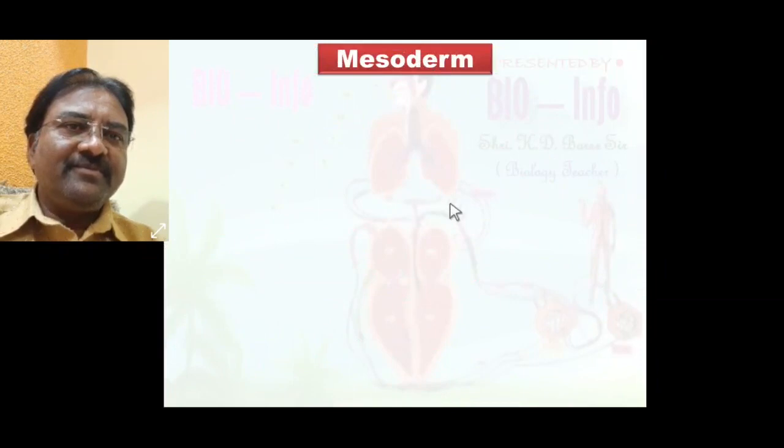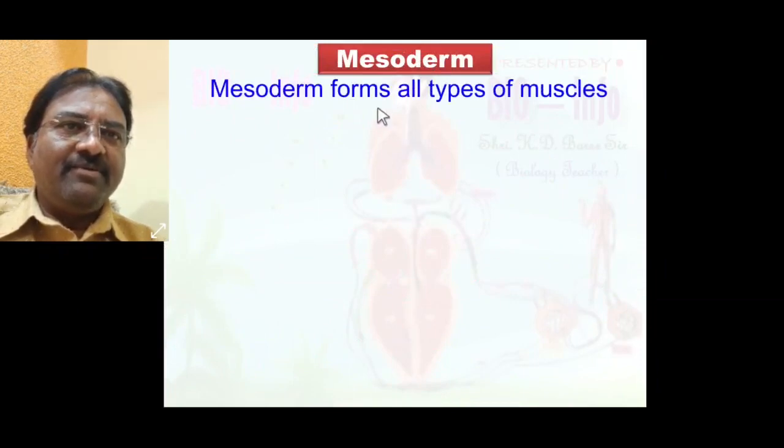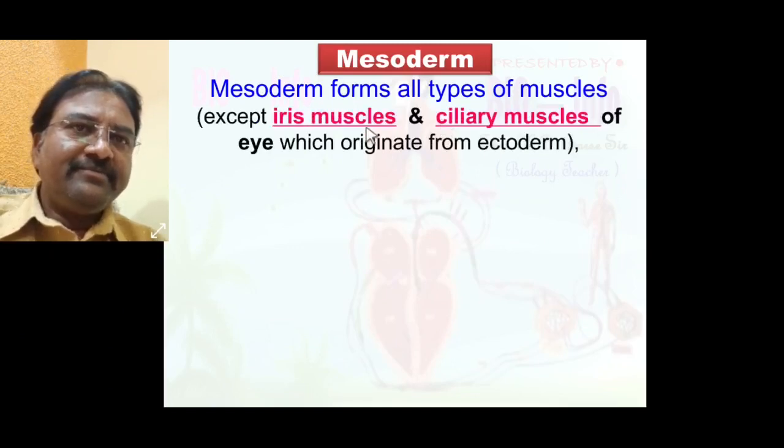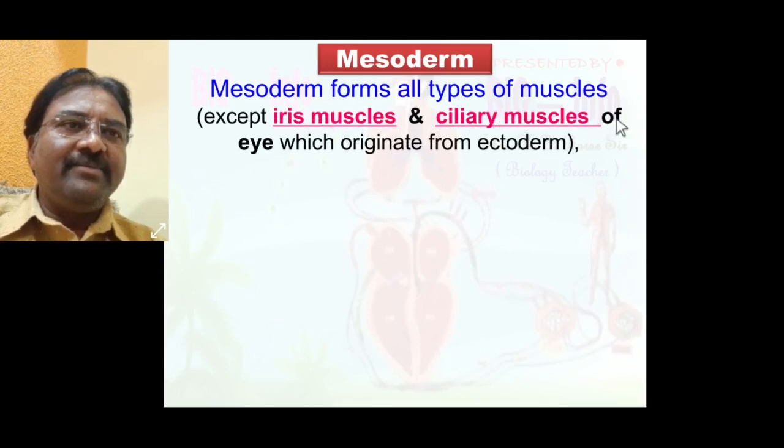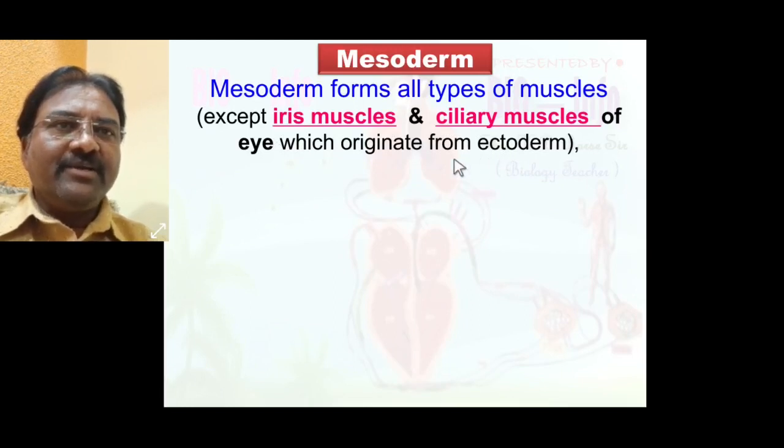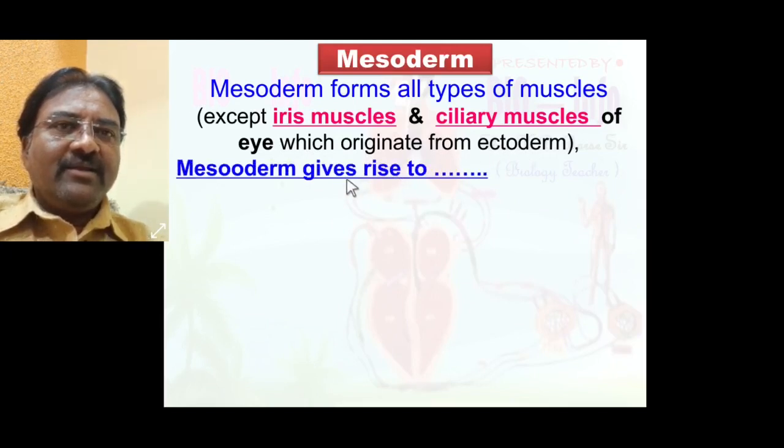Now, mesoderm forms all types of muscles in our body except the iris muscles and ciliary muscles of the eye, which originate from ectoderm. Note this point, it is most important. All types of muscles originate from mesoderm except iris muscles and ciliary muscles of the eye, which originate from ectoderm.